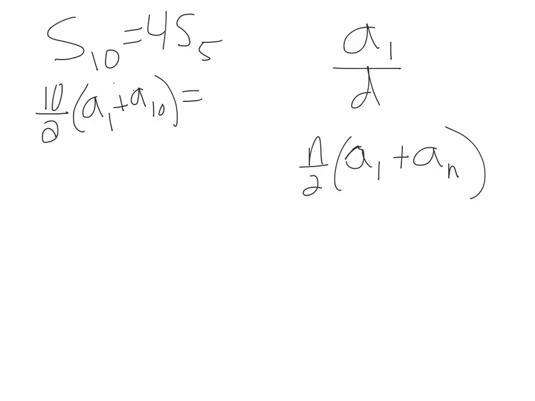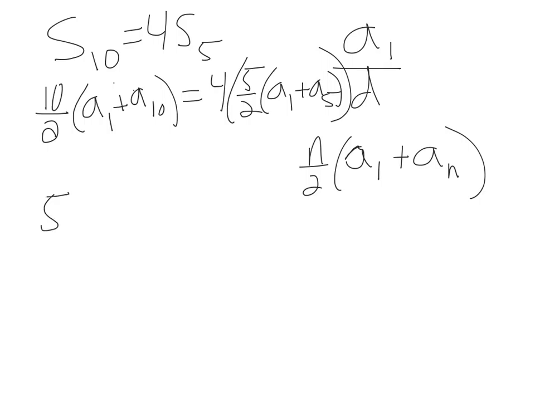And on the right-hand side, that's the same as 4 times 5 over 2, because there's 5 terms, times the first term plus the 5th term. So then, if I do a little arithmetic here, I'm going to get 5.